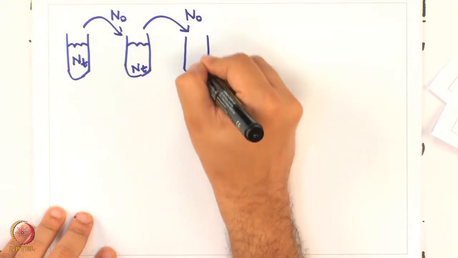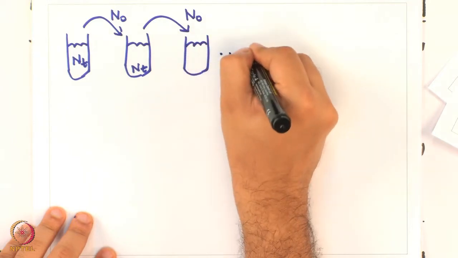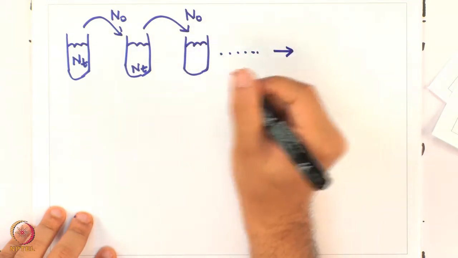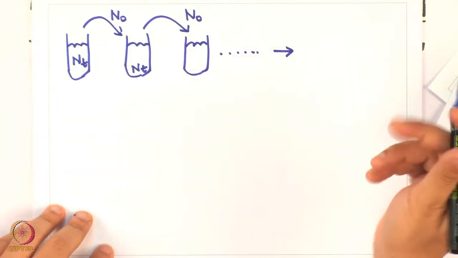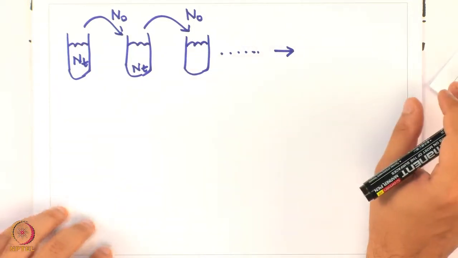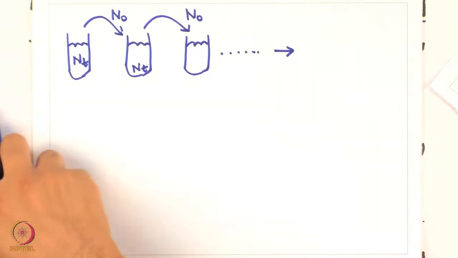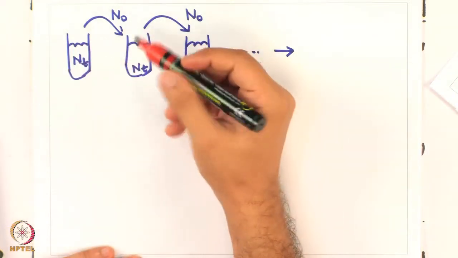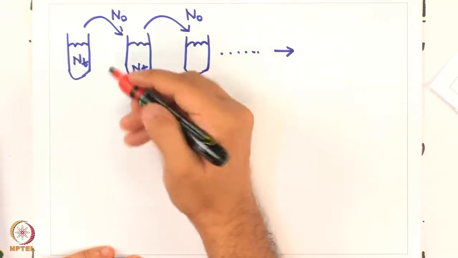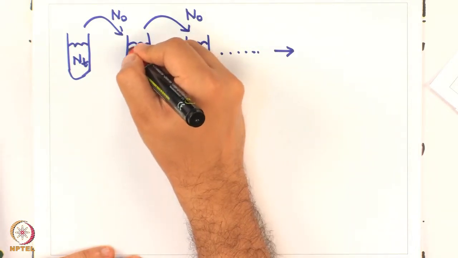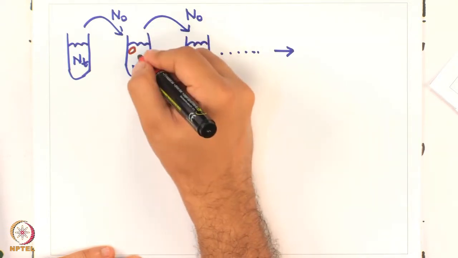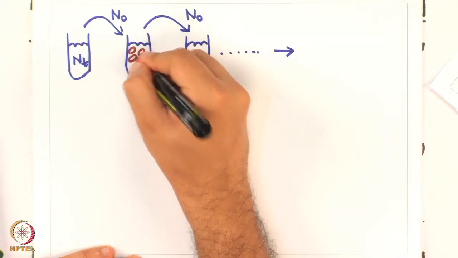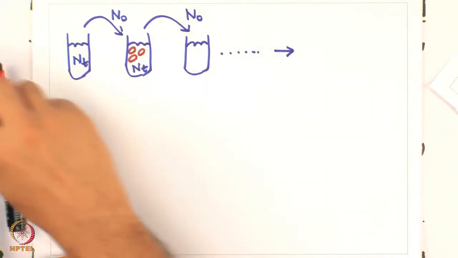This can go for as long as you plan your evolutionary experiment to continue. Every single transfer is equivalent to k number of generations associated with the experiment. And the idea is that during one of the transfers, while these n naught are going up to nt, you are going to have this one mutant that arises in the population, and while this growth is happening, this mutant increases in number.